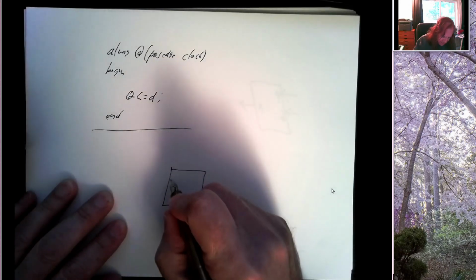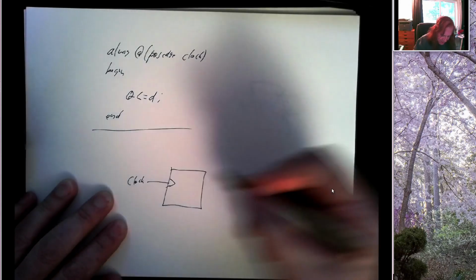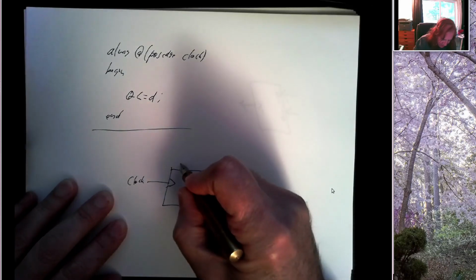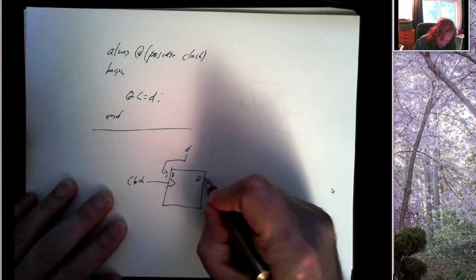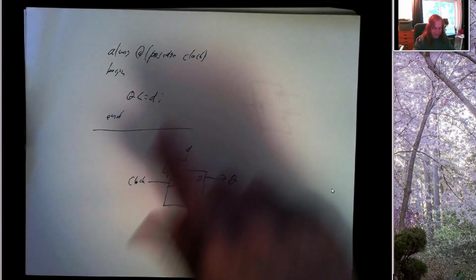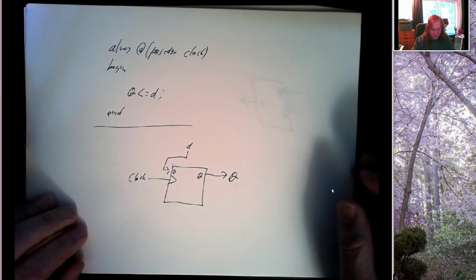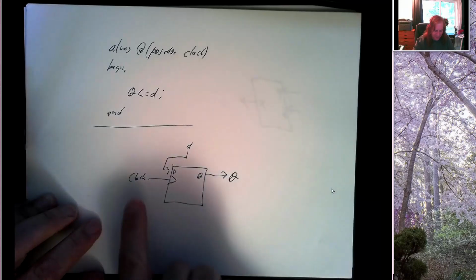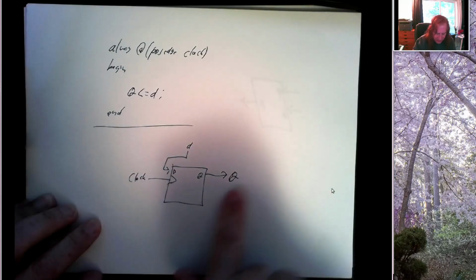We create a flip-flop with a positive edge triggered clock. We connect the clock to here, and we have D going into the D input, and we have the Q output going to Q. And what this says is when the clock ticks, we should take D and copy it to Q. Well, that's what this does, right? When the clock ticks, this D flip-flop will load this incoming value, latch it in here, and that will come out into Q.